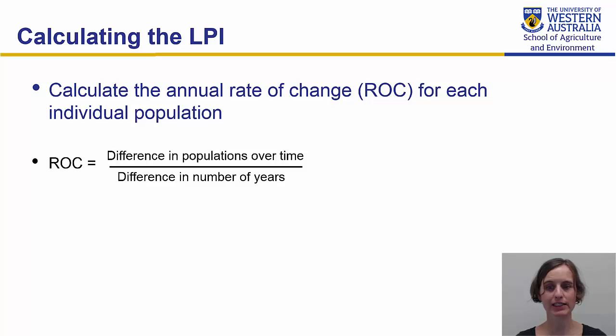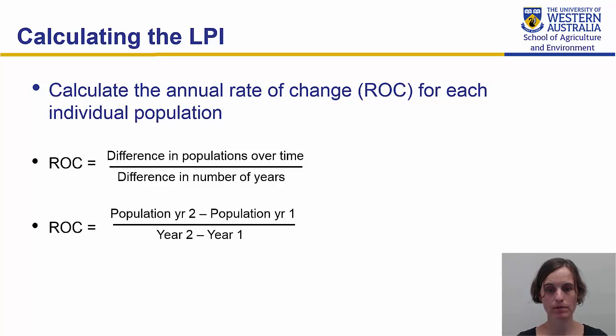And the rate of change is the difference in populations over time divided by the time that has passed. So annual change, how many of population do we have in year 2 minus how many of that population did we have in the previous year divided by 2 years.